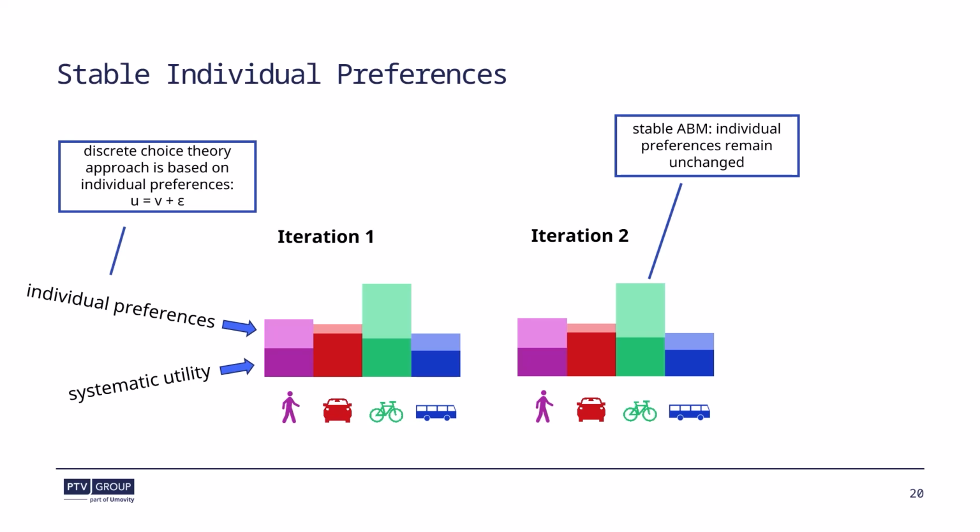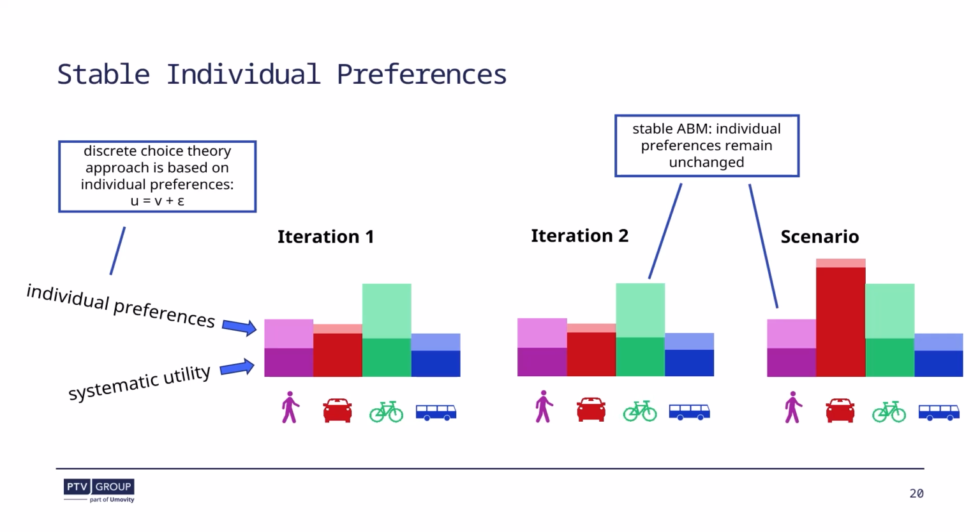This does not mean that the choices are somehow fixed. If something changes, for example, as in this scenario, that means if the systematic utility changes, you see that here the car is much better than before, so the utility of the car is better, then also the choice may change.